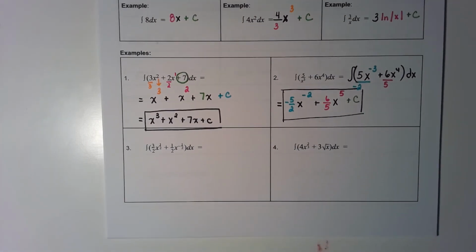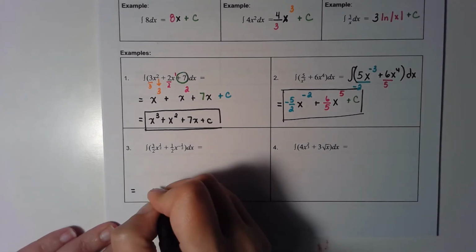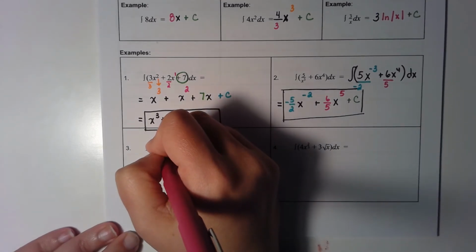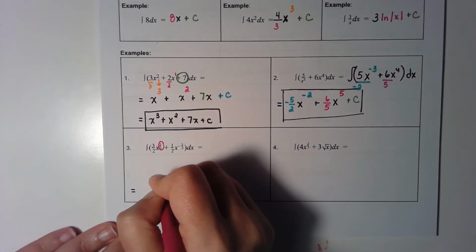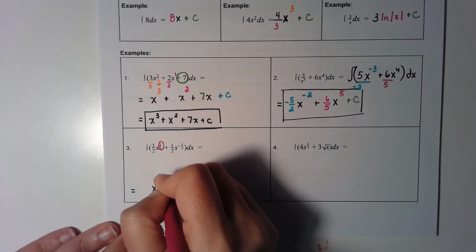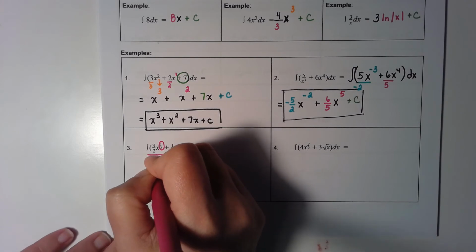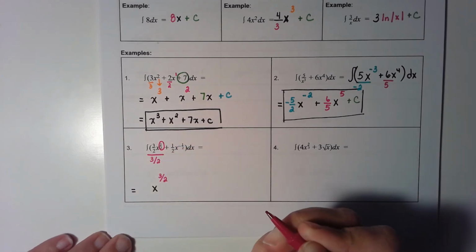So for the next problem, you'll notice we have exponents that are fractions. The good news is you do this the same way we did all the other problems. Nothing new here. The first thing I'm going to do is add 1 to this power. So 1/2 plus 1 would just be 3/2. And then I'm going to divide by 3/2, which is the same thing as multiplying by 2/3.